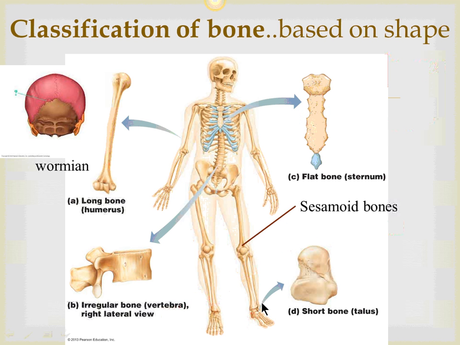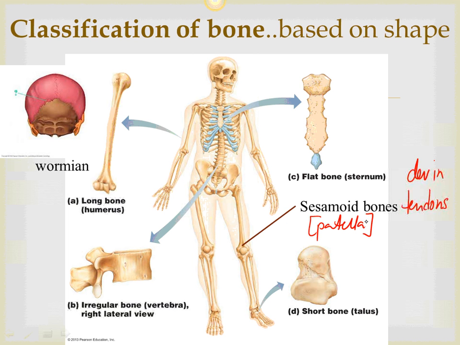Then we have bones which are called sesamoid bones. These are bones which develop in tendons of muscle, and they help to prevent friction between the tendon and bone. So they develop in tendons. One very good example is your kneecap, which is called the patella.